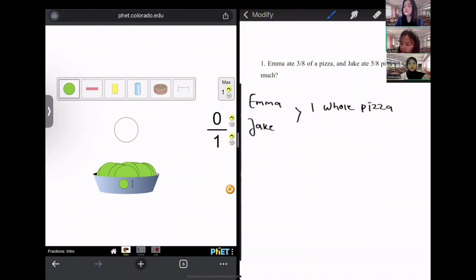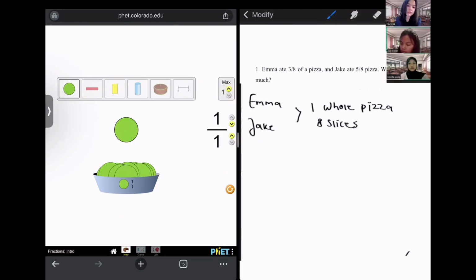Okay, now let us visualize it using the PhET simulation. We have 1 whole pizza right here. Now, how much is the denominator? 3. The denominator? Are you sure? 8, Miss. Yes, the denominator is 8.